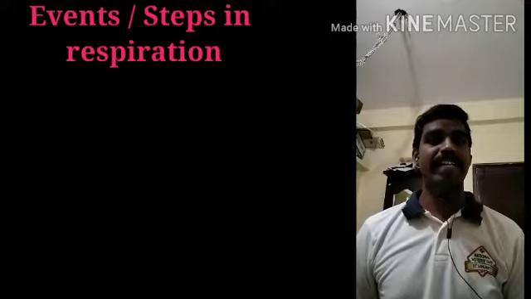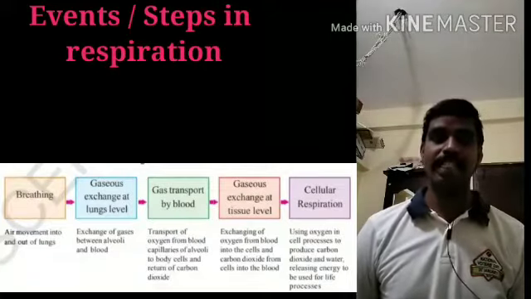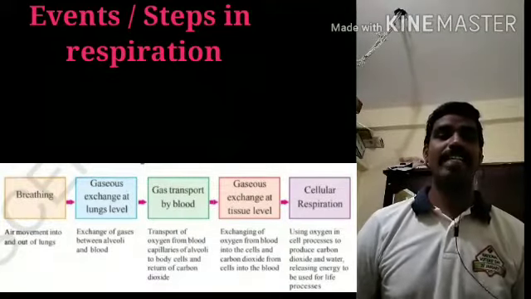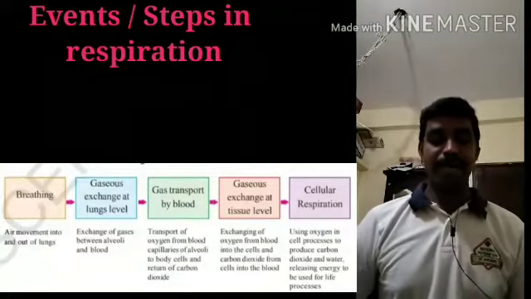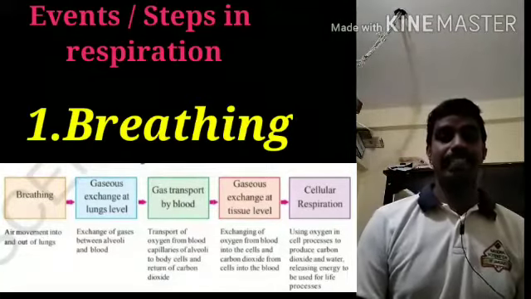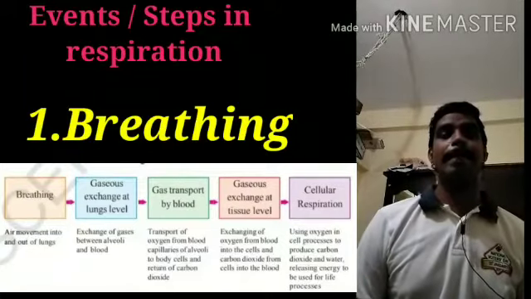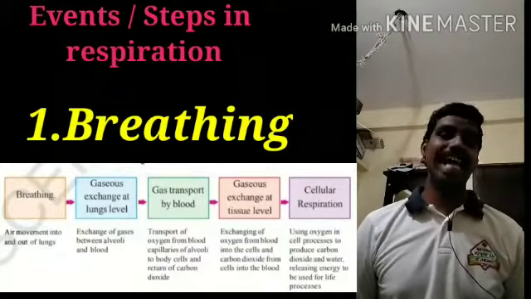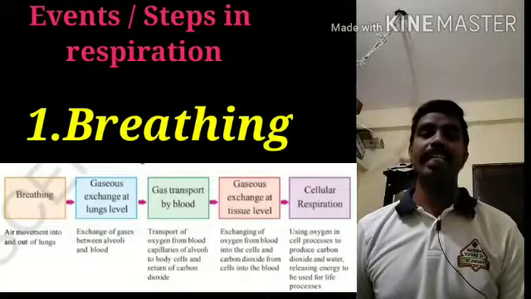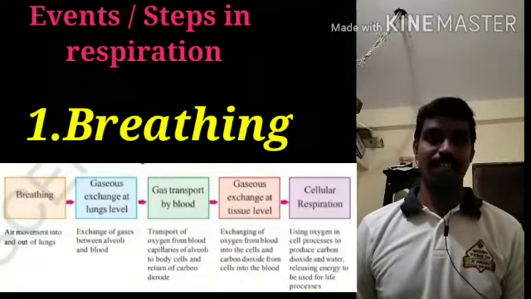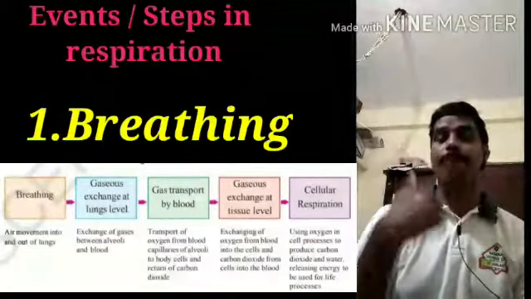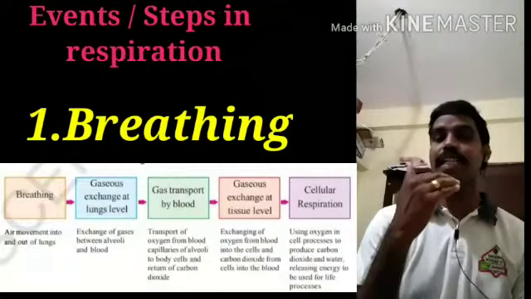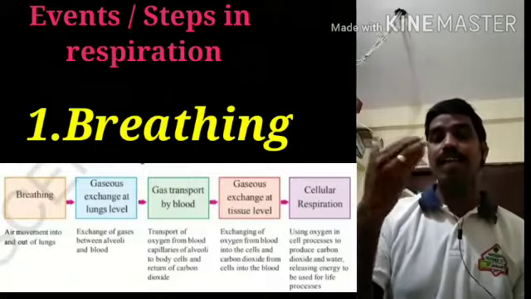In the respiration process, there are some important steps. Mainly there are 5 steps present in respiration. The first step is breathing: exchange of gases between the environment and respiratory organs. It means oxygen enters into the body and carbon dioxide is released into the atmosphere.